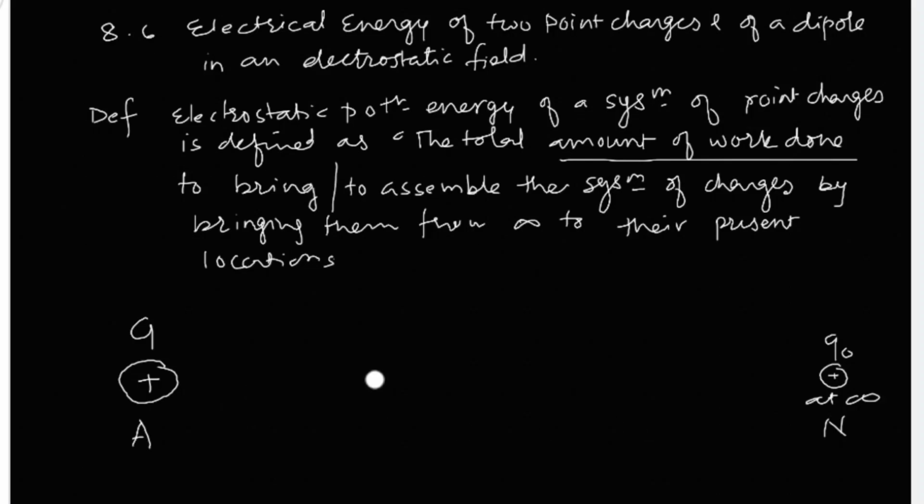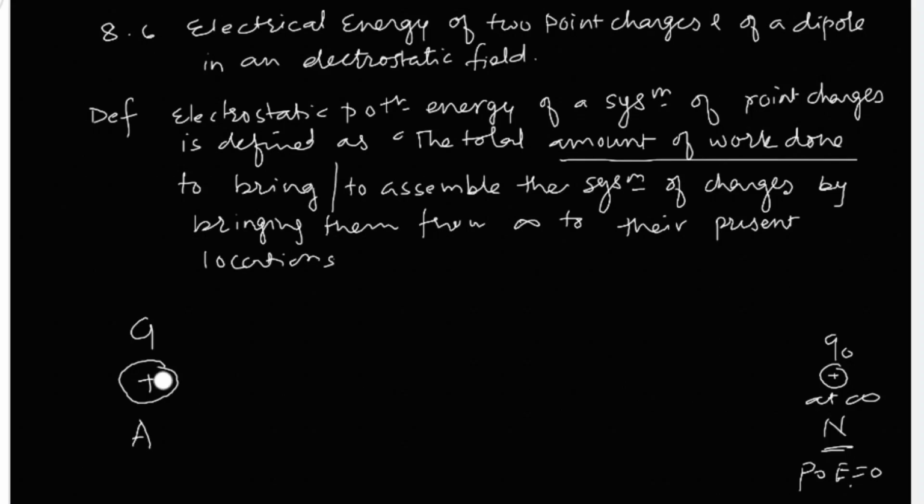At this position, the potential energy of this charge is 0. At infinite distance there is no force of attraction between them, and so the potential energy becomes 0.